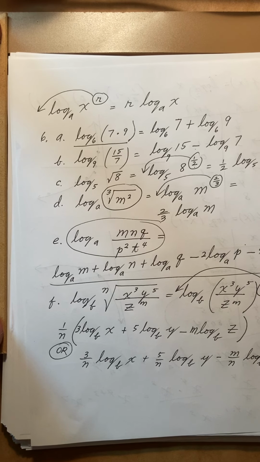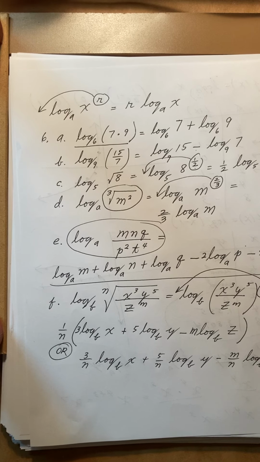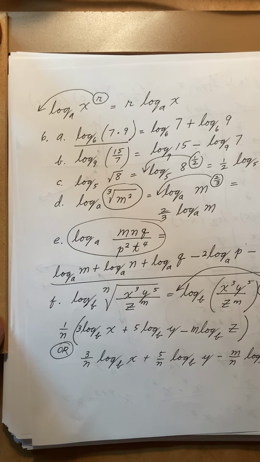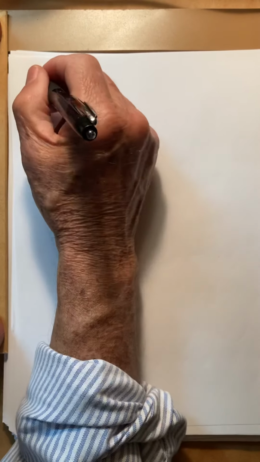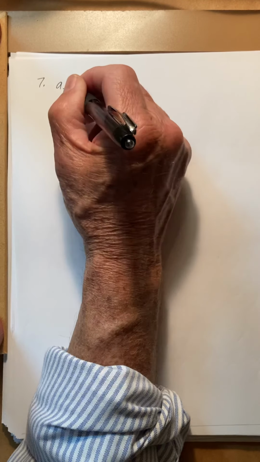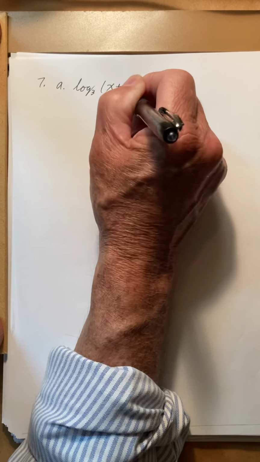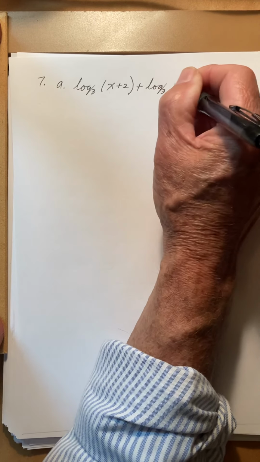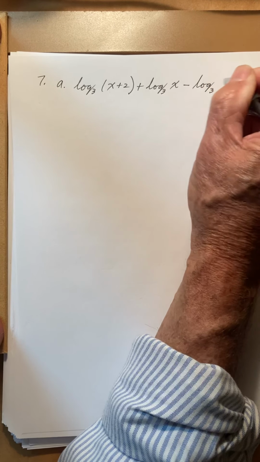Okay, so we're going to go now to some other examples where we are given the expanded form and we have to rewrite it into a single logarithm. So for 7a, we have the log base 3 of x plus 2 plus the log base 3 of x minus the log base 3 of 2.